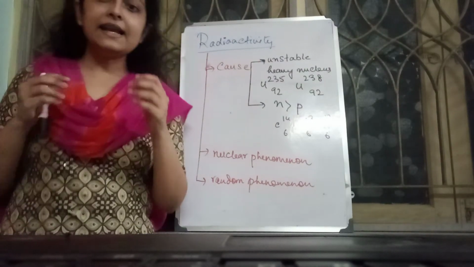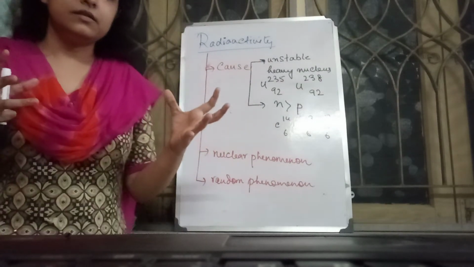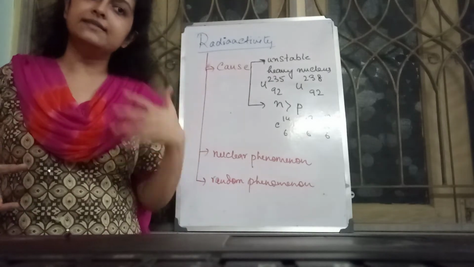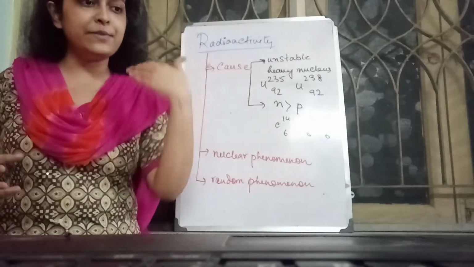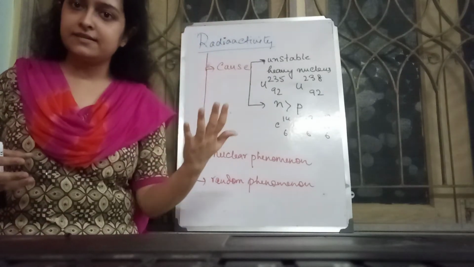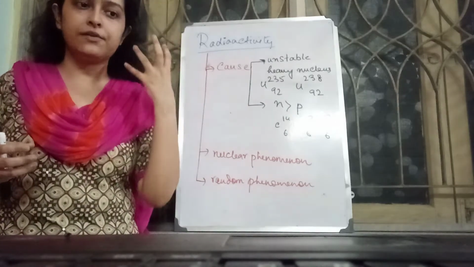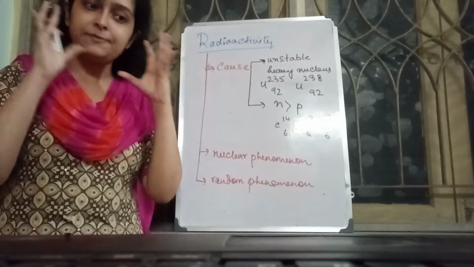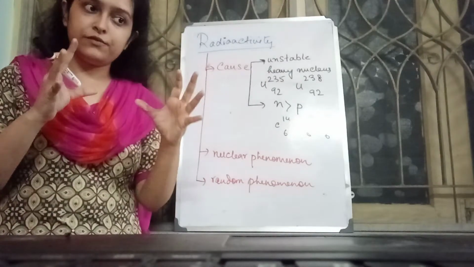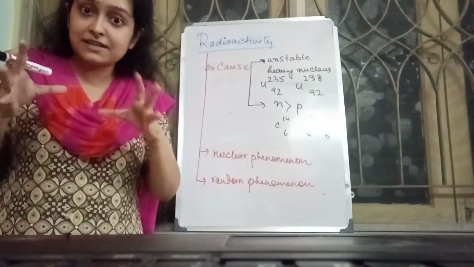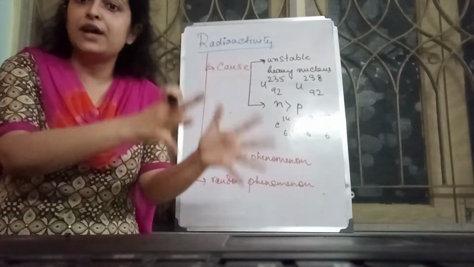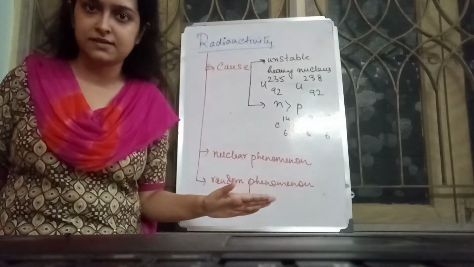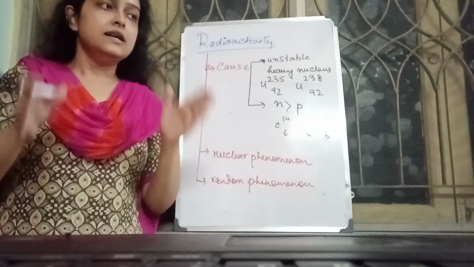Now, can any substance disintegrate on its own by spontaneous emission of radioactive rays, forming the phenomenon of radioactivity? No. There are certain substances which show this phenomenon. That's why we call them radioactive substances. Not all substances are radioactive. So what is the cause?